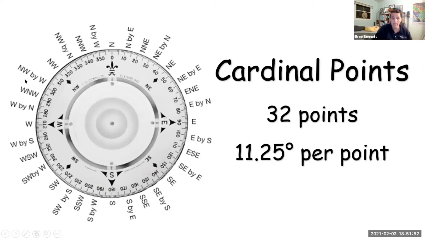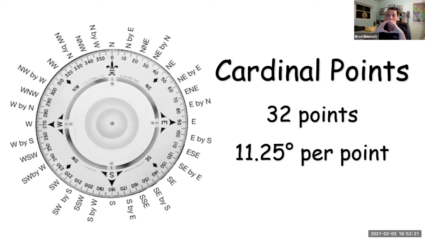Back to labeling. Back, I don't know, in Viking days, early on in sailing, they didn't divide up our circle by 360 degrees. They divided it up by cardinal points. And there were 32 cardinal points. So right now we have 360 divisions.